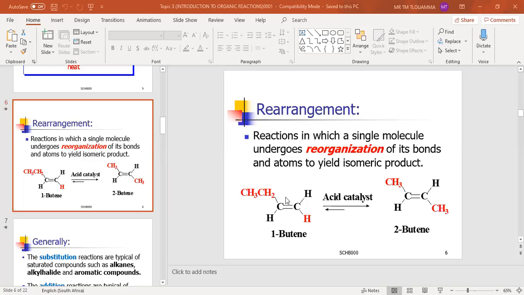This was your branch here, right? CH3, CH2, and then it's going to be rearranged. So the CH2 is no longer going to be on this side. It's going to be rearranged and come here. If it comes here, it's going to affect also this hydrogen.